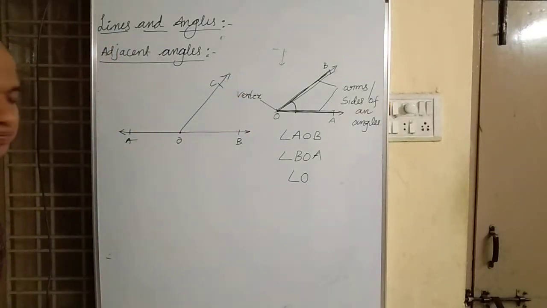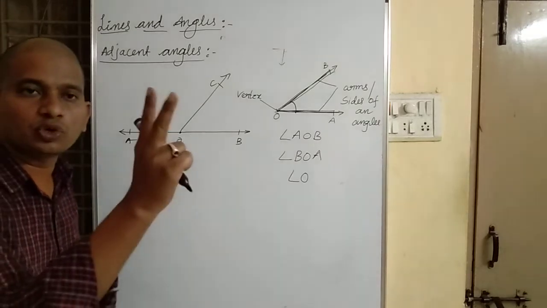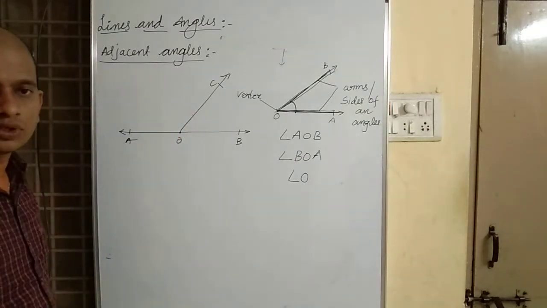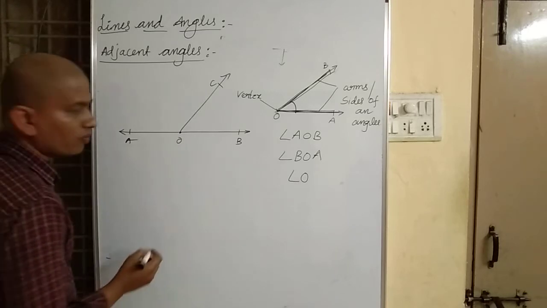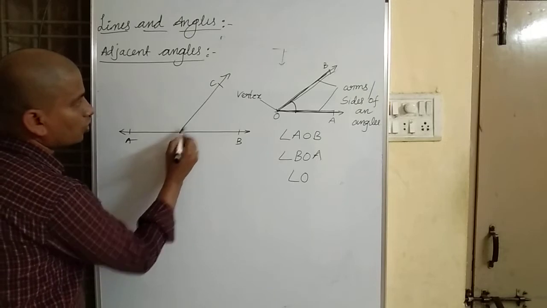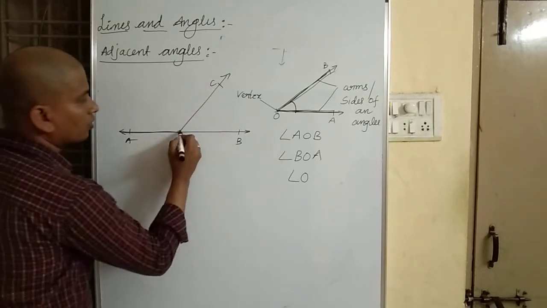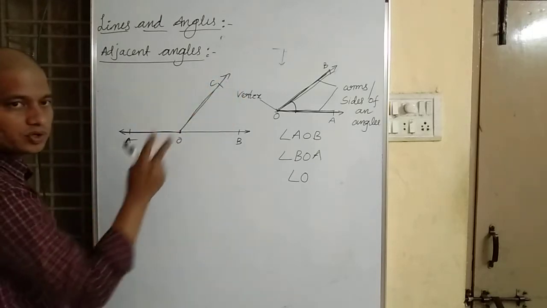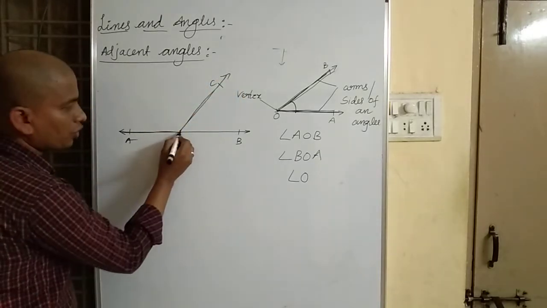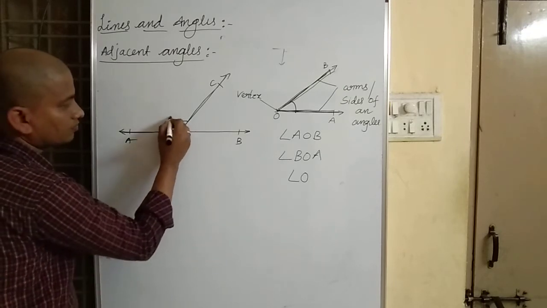You can observe in this diagram, you can find two angles here. So what are the two angles? One is angle AOC. OA is one ray, OC is one ray. The two rays meet at this point, so here an angle is formed.